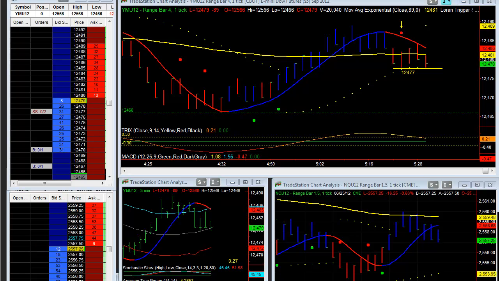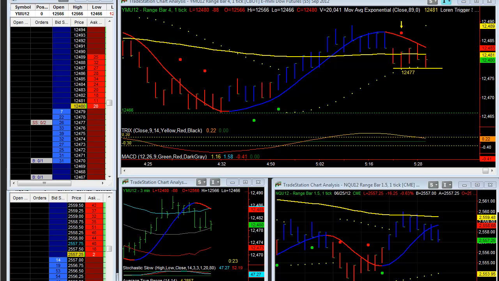However, we can reach a price where the current resting demand in the market is adequate enough to meet the needs of the aggressive sellers. And it's at this point that the market can stop moving lower and actually pause.